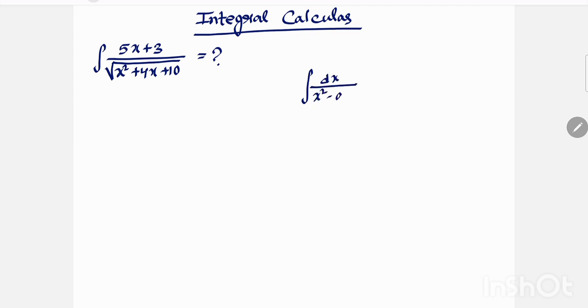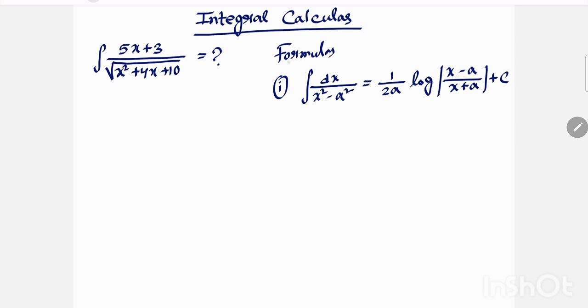The integral dx by x square minus a square has the formula 1 by 2a log of x minus a by x plus a, plus an arbitrary constant. This is the first formula. The second formula is the integral dx by a square minus x square.